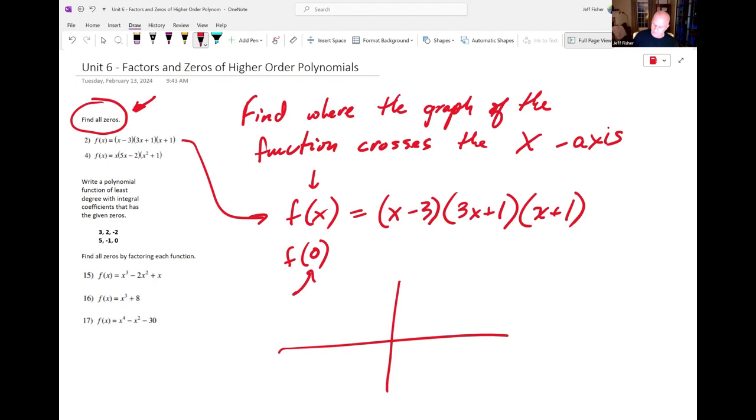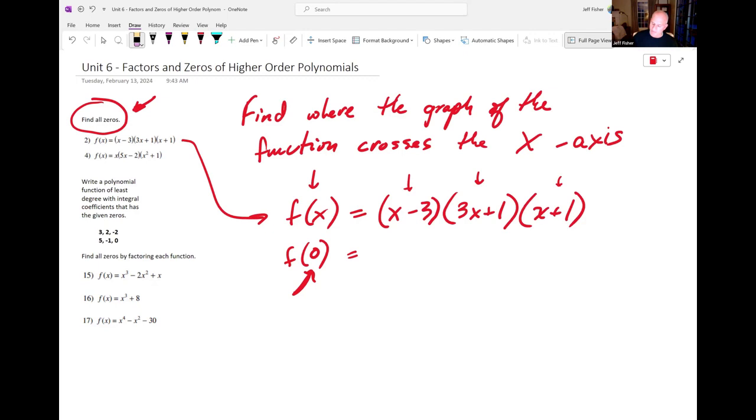When we have a graph, all these points, what do they have in common? Y equals 0. So we set our function f of x, or y, equal to 0. Then we know that at least one of these factors must be 0, because 0 times anything is going to be 0. So if x minus 3 is 0, this will evaluate to 0, because 0 times this is just going to equal 0, right?